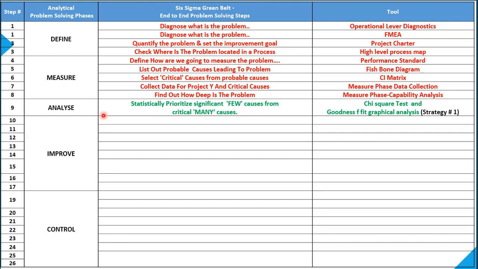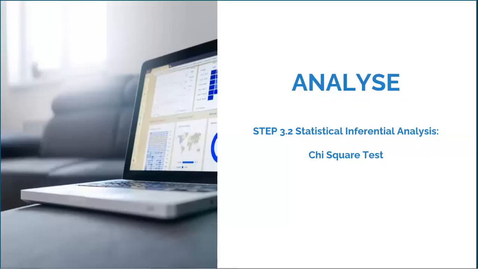So on that note, let's go to the next few slides and understand what's there for us. Next slide, please. Analyze phase, step number 3.2, statistical inferential analysis.